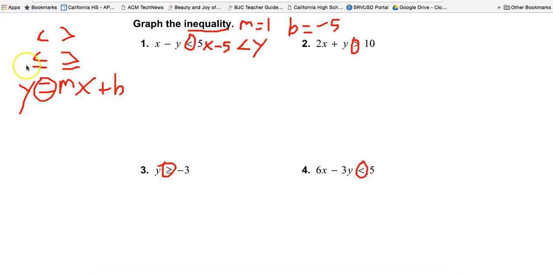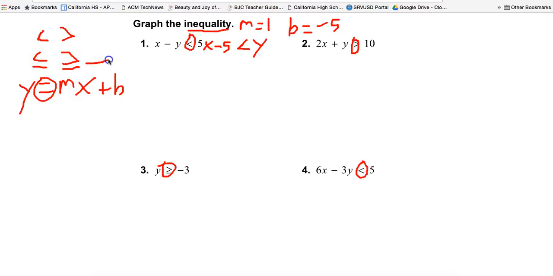So when we have this line underneath our little alligators right here, this means "or equal to." So if we said 5 is less than or equal to x plus 5, that means we're looking for all the values, including whatever this inequality refers to.